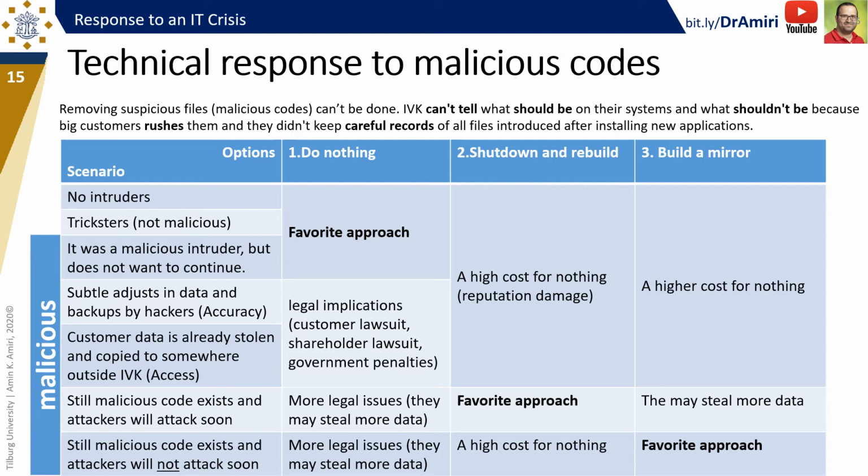If customer data is already stolen and copied somewhere outside IBK, again, it can have legal implications if you do nothing. In these cases, it's better to go for either shutting down and rebuilding or building a mirror website.